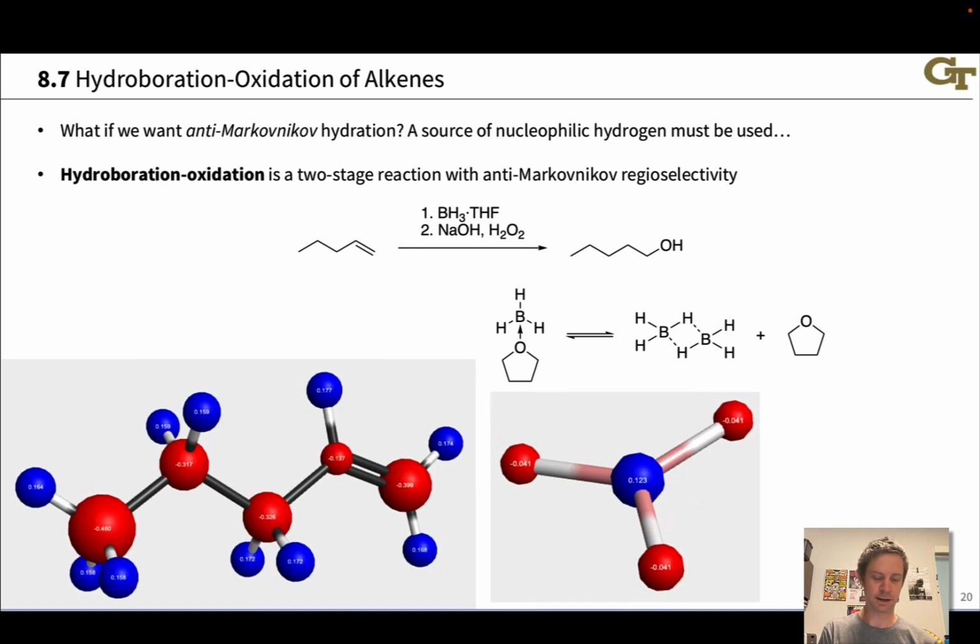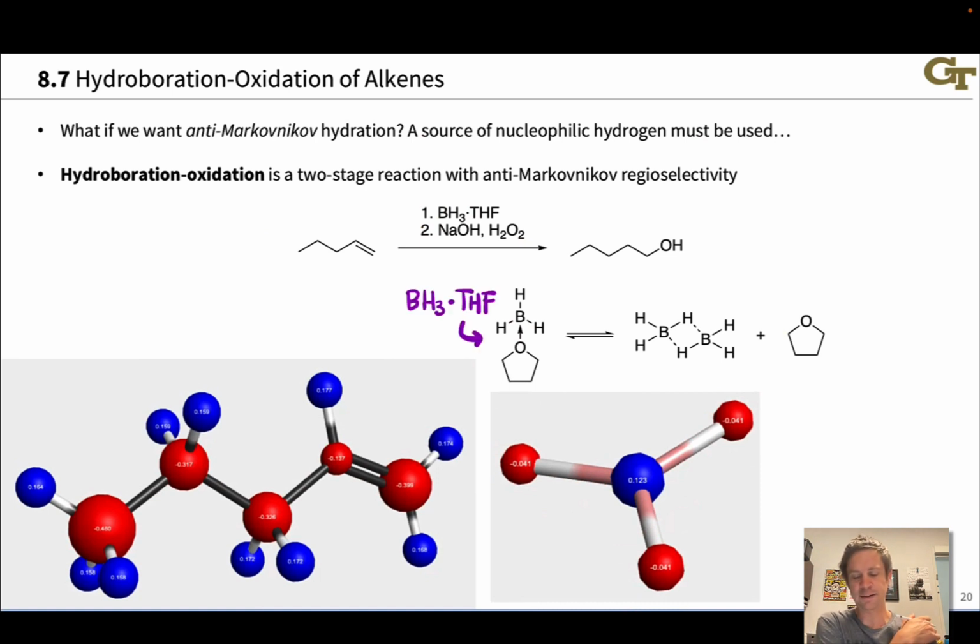Now, let me talk a little bit about this reagent BH3•THF. BH3 on its own is a pretty reactive Lewis acid. It's so Lewis acidic it will actually bind to itself and form a dimer, B2H6. We see that here. So typically when BH3 is used as a reagent, it's complexed to some Lewis base. The two most common are tetrahydrofuran, which is this molecule here, and dimethyl sulfide, which you'll see abbreviated as Me2S or DMS at times.